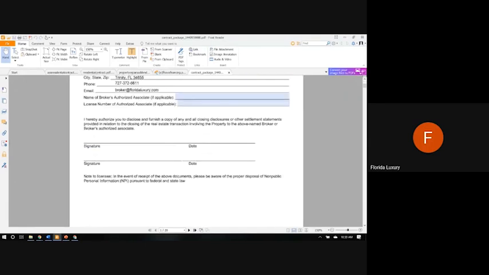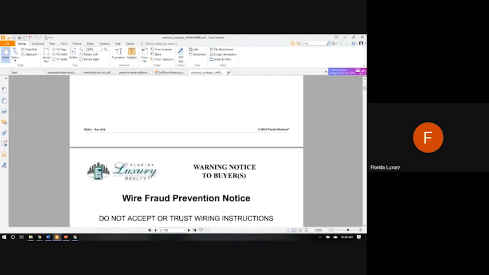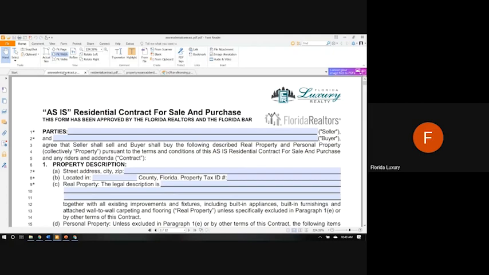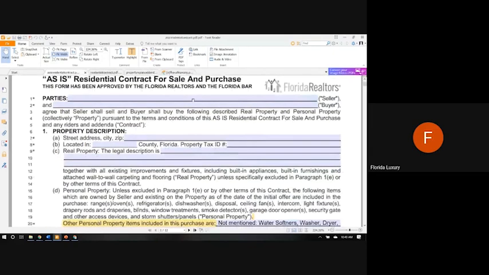The one thing I wanted to point out, this other contract, with the as-is contract, if you use that and it fills out the information, the one part it will never fill out is this tax ID right there on line 9. Because if you go into the tax ID, it has it shown 3 different ways, and every county does it a little bit differently as to how they do their tax IDs.